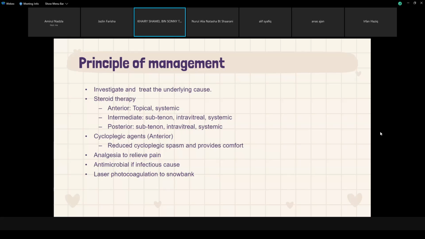Ada satu lagi, underlying immunosuppressed conditions. So yang penting ialah kita identify and investigate to identify the underlying cause. Kalaulah underlying cause tu infectious, okay, when you start steroid, apa akan jadi? Makin teruk ke makin elok?